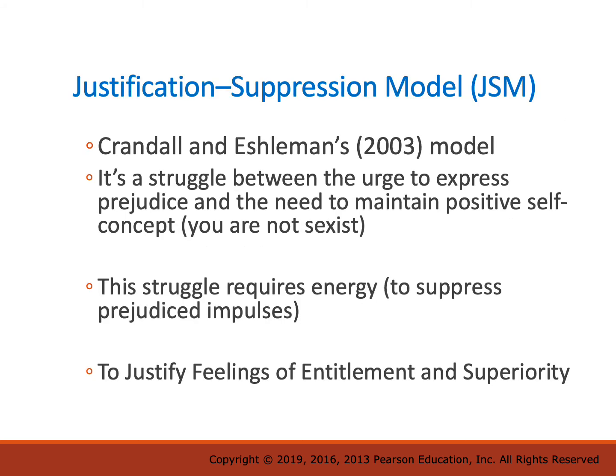Well, this model, the JSM, was put out by Crandall and Eshleman in 2003, and they talked about there's a struggle between the urge to express prejudice and the need to maintain positive self-esteem. Okay, so let's talk about an example of this.